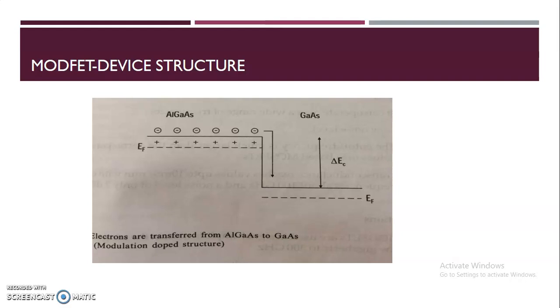In modulation doped heterostructures, two-dimensional electron gas is formed in the gallium arsenide structure. However, electrons may have some impurity scattering in N-type AlGaAs. This is avoided by using an undoped AlGaAs layer which is called the spacer.